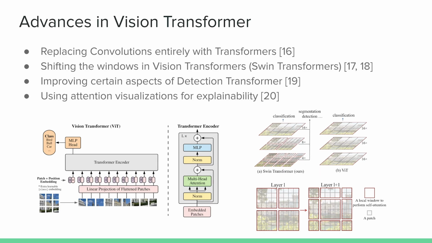There are even more advances from the field of computer vision, where transformers are also now becoming increasingly more and more popular. One idea would be to replace convolutions entirely with transformers. This approach is called vision transformers, and you can see it at the left bottom image here.